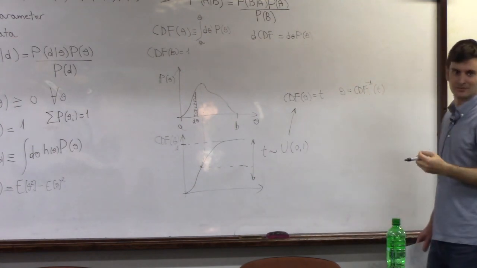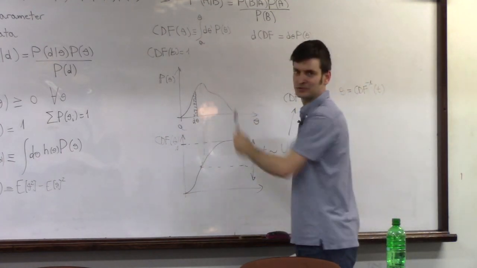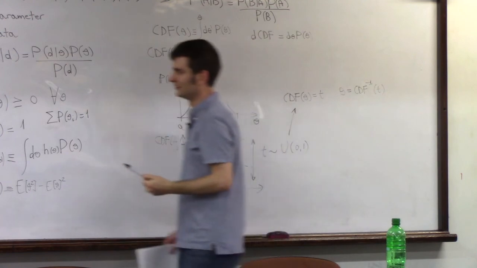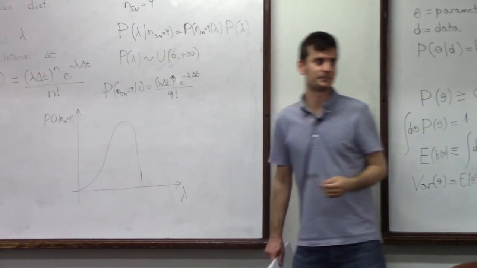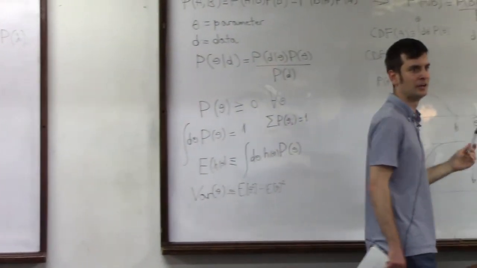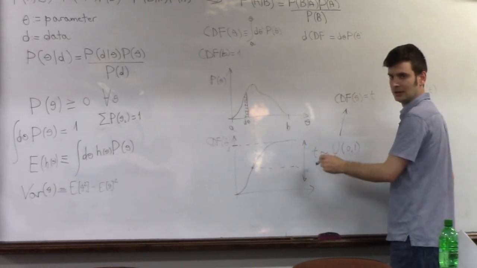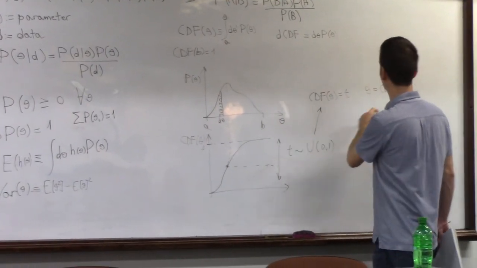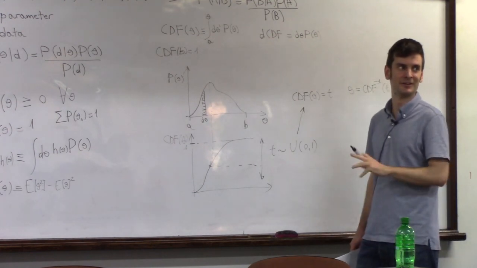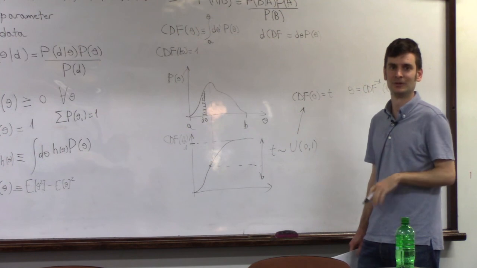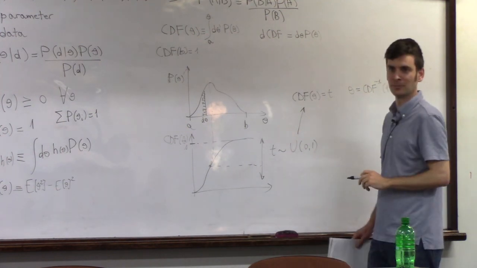So in practice, when you're at the computer, what you have to do is integrate this distribution, which might not be analytic, and then use a random number generator to draw a number between 0 and 1, and then invert this, which might also not be analytic. So you might have to use some numerical tool to invert this function, but yeah.